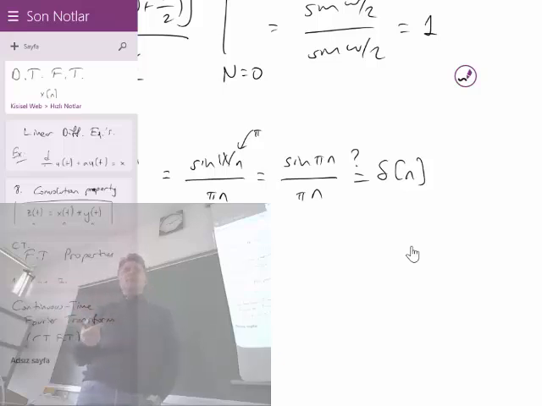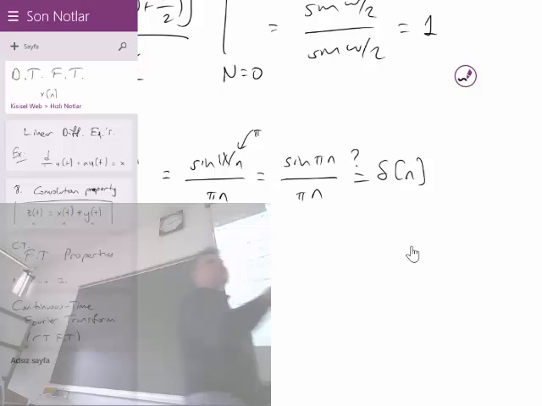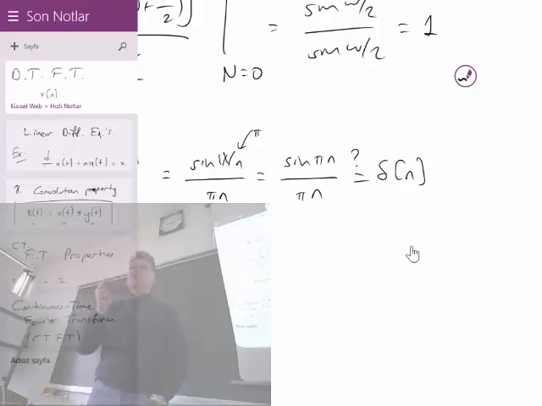When n is equal to 0, pi n is 0, sine pi n is also 0. So you apply L'Hospital's rule, and there is a shortcut for using sine in L'Hospital's rule, as I said. You can just eliminate the sine factor from there, and you have pi n over pi n. In other words, sine theta is equal to theta for small theta, and n equal to 0 is a very small theta.